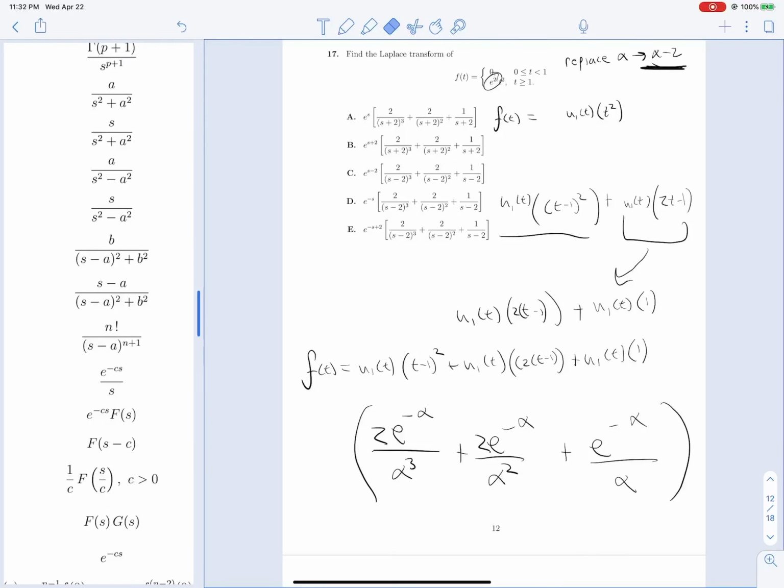So let's factor out an e to the negative alpha and replace that alpha with alpha minus 2, so we'll get negative alpha plus 2 over there, and they're very kind to have only one option with e to the negative alpha plus 2, but then we factored that out. We can get rid of all these, and we'll have alpha minus 2 squared, and alpha minus 2 cubed.